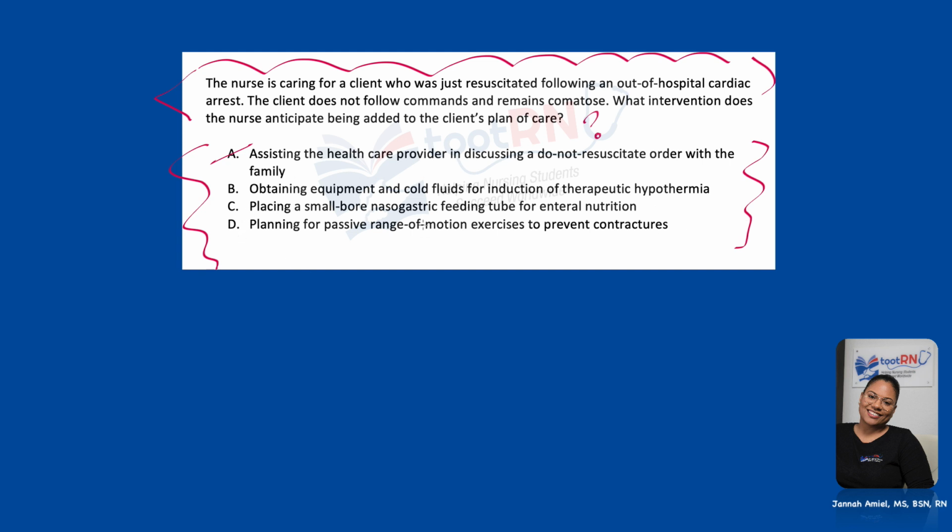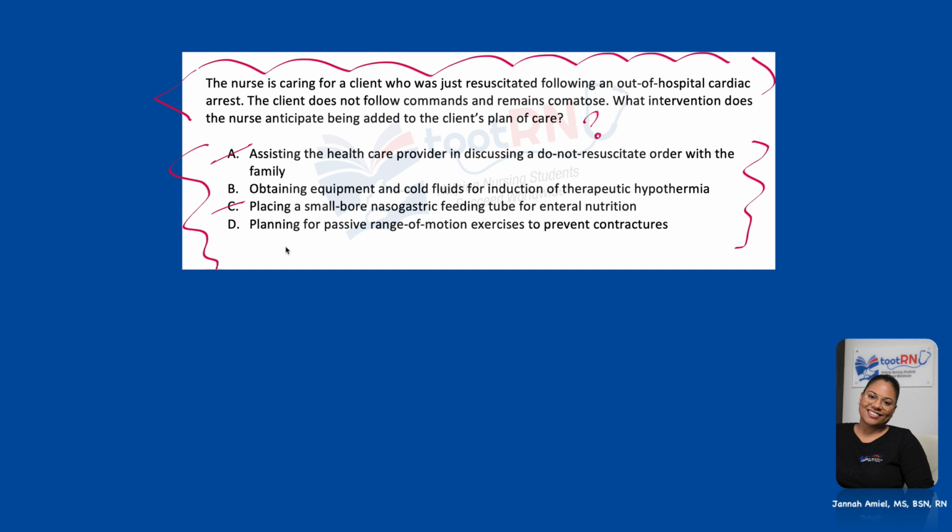C says placing a small bore nasogastric feeding tube for enteral nutrition. So let's start feeding the patient by NG tube. Okay, that could be helpful, but what does that have to do with the fact that the question's telling us they're resuscitated but they have a neuro problem? This isn't going to do anything for that issue, so we'll get rid of C. D says planning for passive range of motion exercises to prevent contractures.